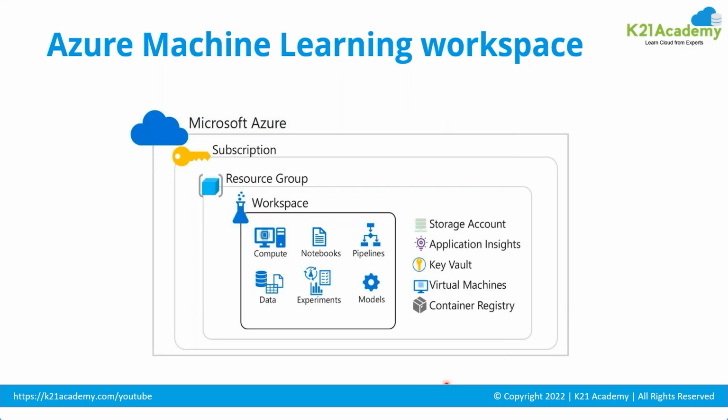With data, you can use your datasets and data stores. And as you create many different experiments, you need to keep track of them. You need to have a run ID or run versions that you can compare. All of that is sitting within our workspace. Of course, not forgetting the models.